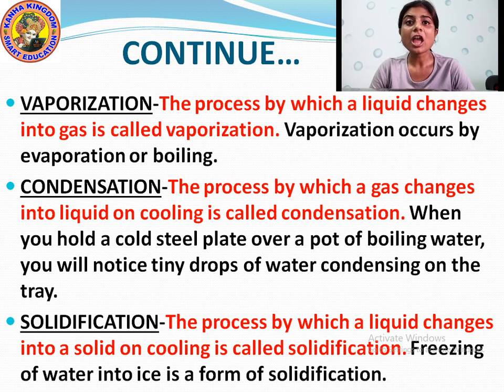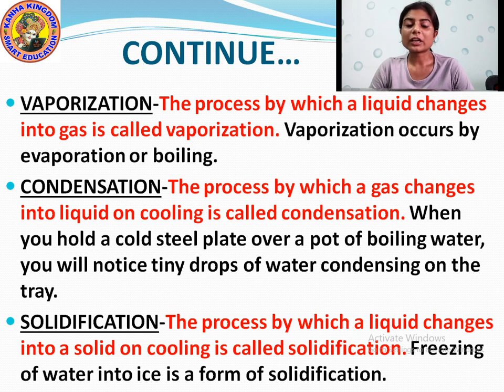For example, freezing of water changes into an ice cube. Yes or no? When you put the water into the fridge or into the ice tray, the water changes into ice. So the liquid is changing into solid. Water is in the liquid form and ice is in the solid form.